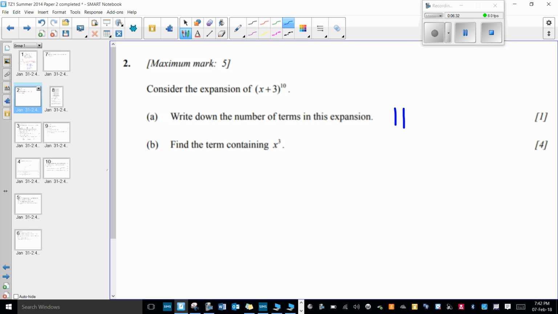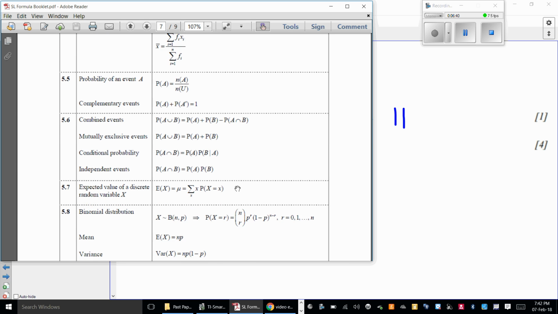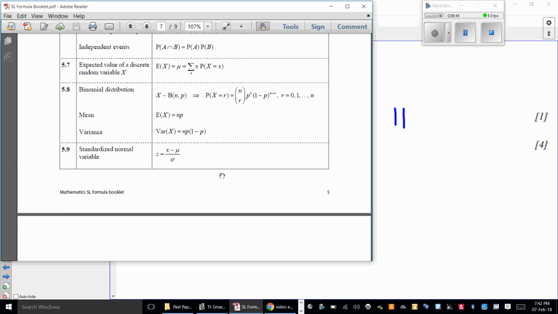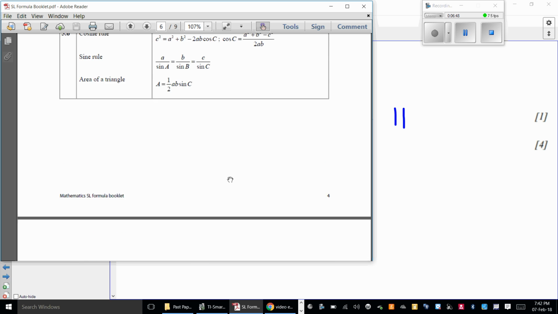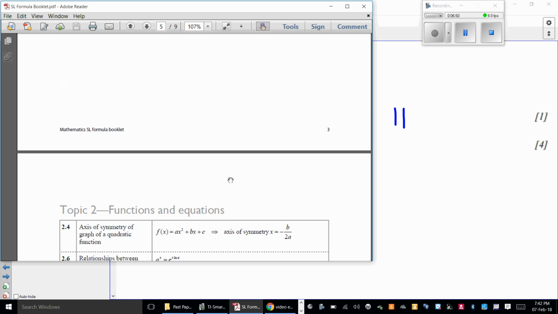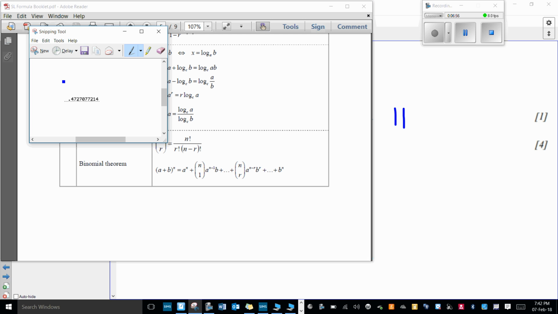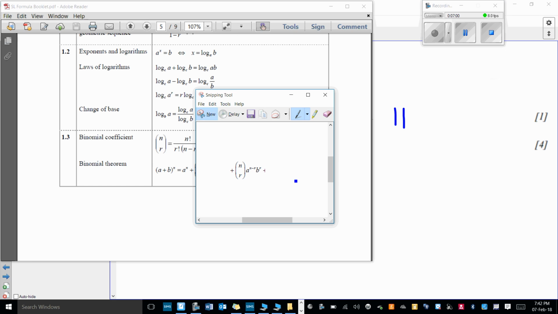So going down to our formula booklet. Oh, here it is. So binomial theorem. So remember we are considering this situation.